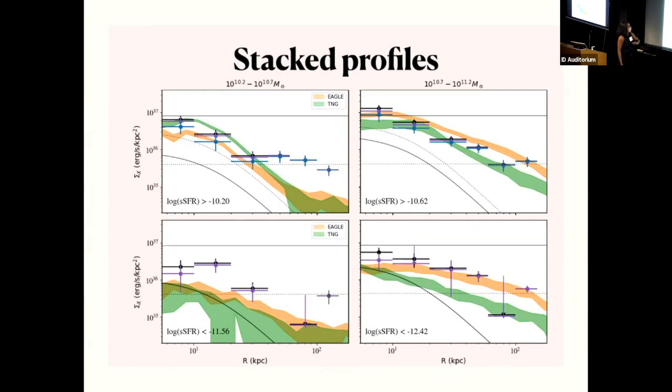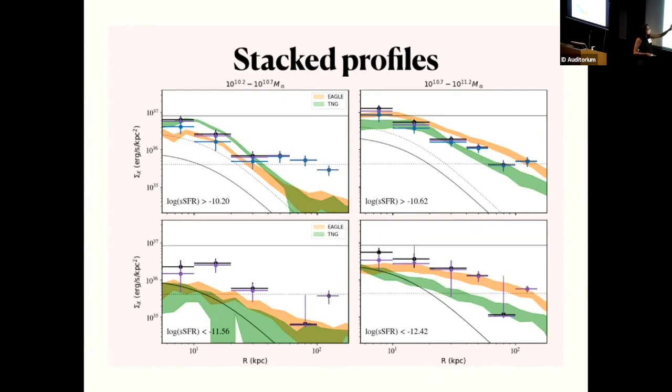That said, you will notice that in these quenched galaxies, and I like to talk about the quenched galaxies first because, especially in the simulations, there's no star formation happening here for quite a long time. And so everything that you see is the effect of AGN feedback models.